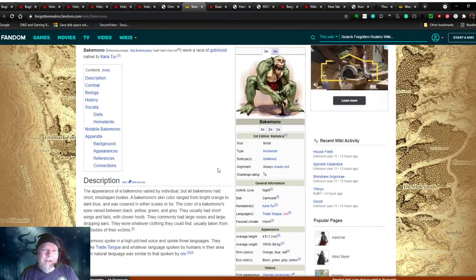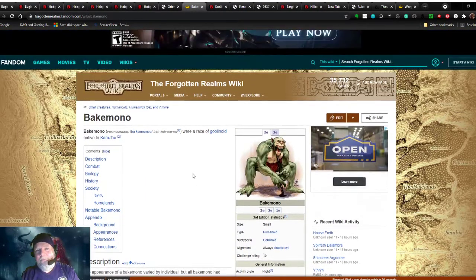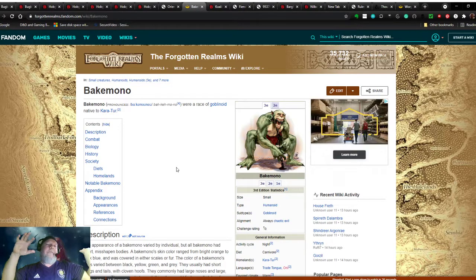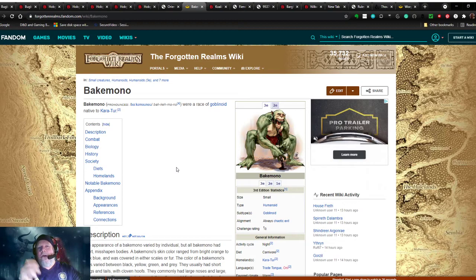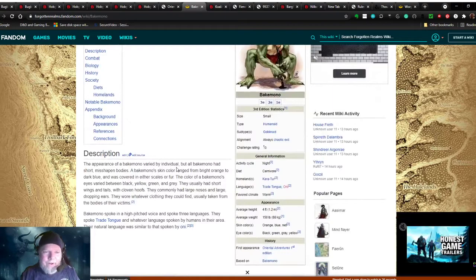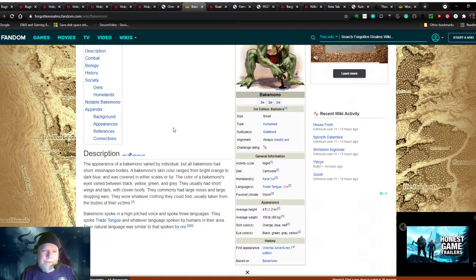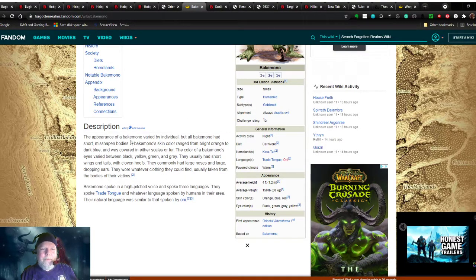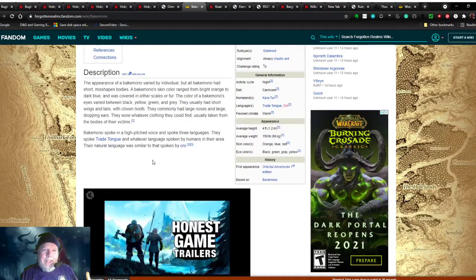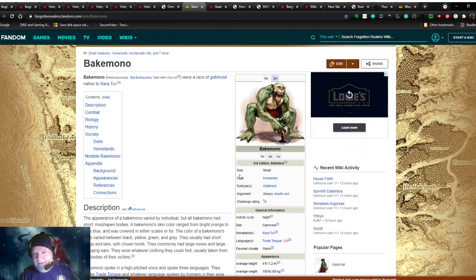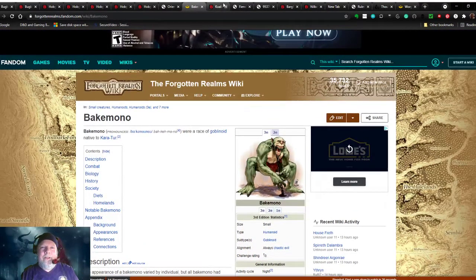And then here is a bit more from the Forgotten Realms wiki. Sometimes when it's difficult to find things, I'll actually find the first reference to a creature by going to some of these fan sites, and then I wind up backtracking and seeing if I actually have the source where it talks about these. So it gives us a little bit about their physical description, their voice and whatnot, and the fact that they're mainly nocturnal and those types of things.